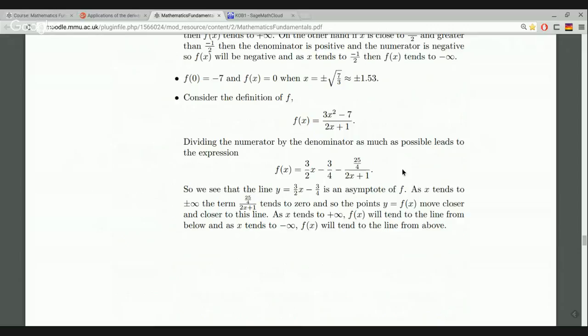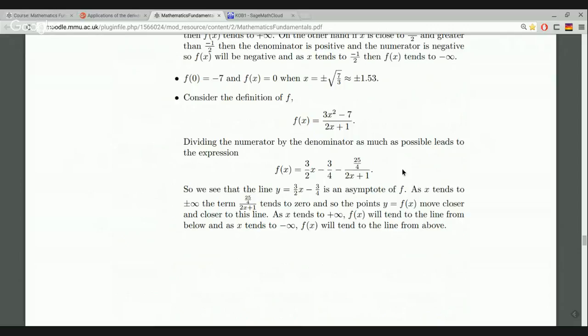And, well, there's various ways to think about this, but you're trying to divide the numerator by the denominator. So one way to think about it is you're trying to write the numerator 3x squared minus 7 in terms of 2x plus 1. Well, to end up with 3x squared, you're going to have to multiply that by 3/2x, aren't you?